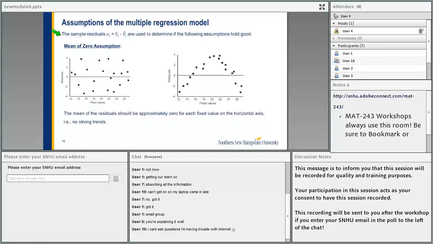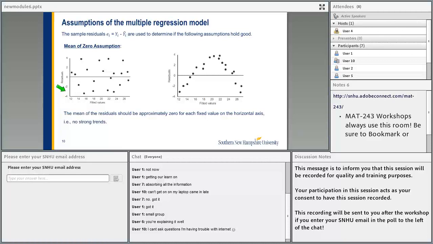The mean of zero assumption. Again, last week, if you remember, we did four assumptions. We're going to do the same four again. So the mean of zero assumption. Again, the thing we want to remember is we don't want to see any patterns. Any pattern is an indication that the assumption does not hold good, that something is going on.